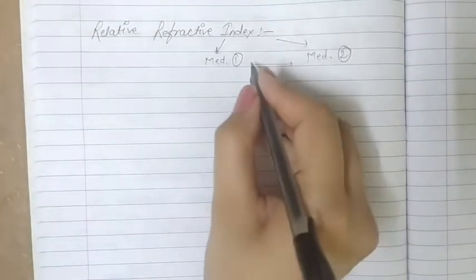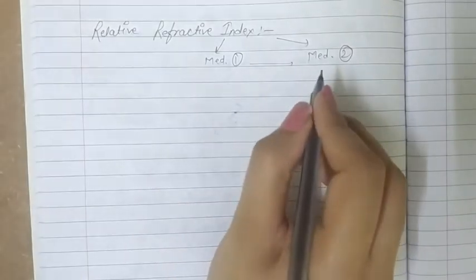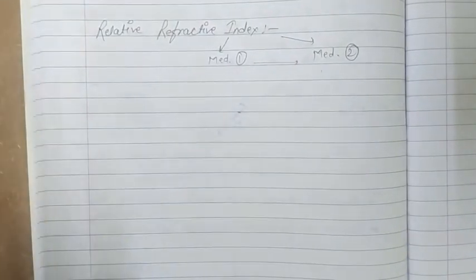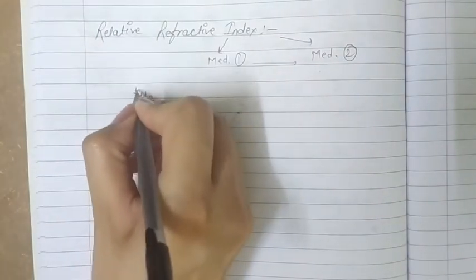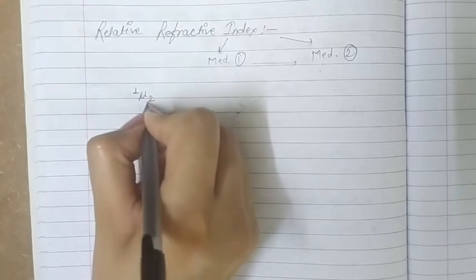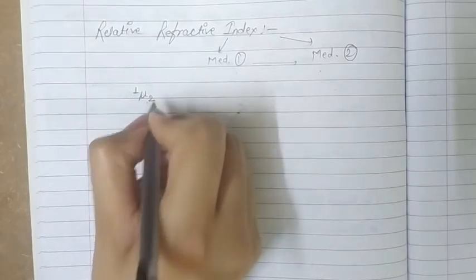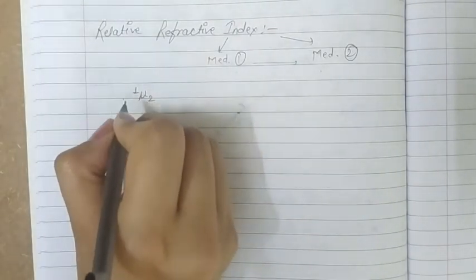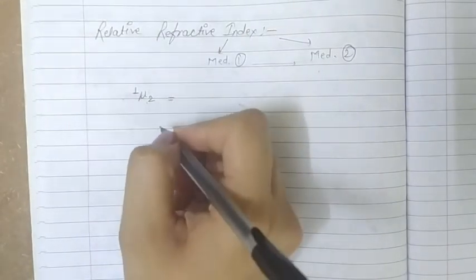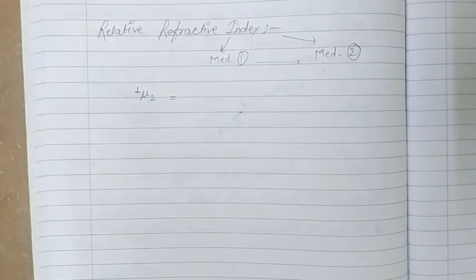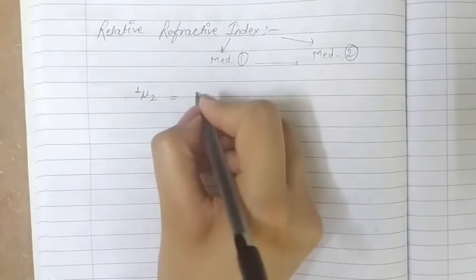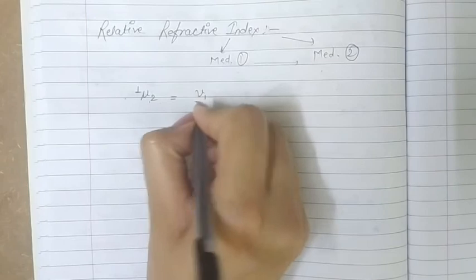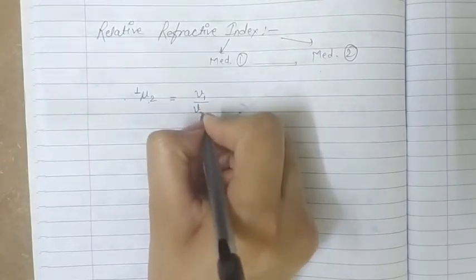The light ray is passing from medium 1 to medium 2 and showing refraction. Now I want to find the refractive index of medium 2 with respect to 1, mu 2. So that means the refractive index of medium 2 with respect to 1, then it is defined as the ratio of speeds, right? Ratio of speed of light in medium 1 upon that in medium 2.